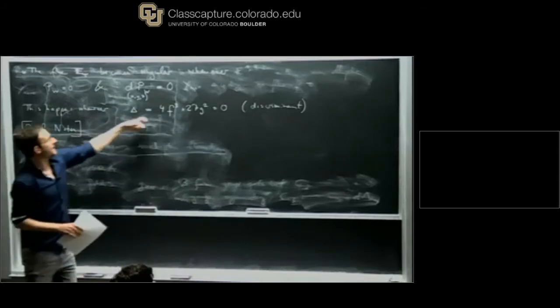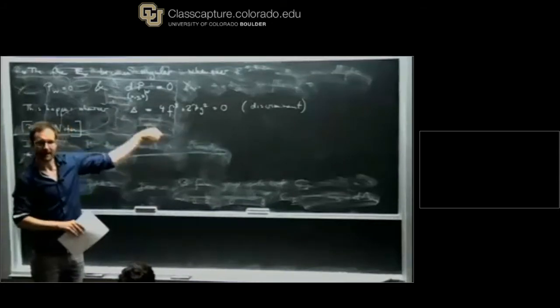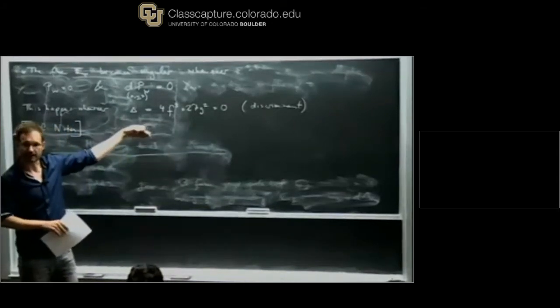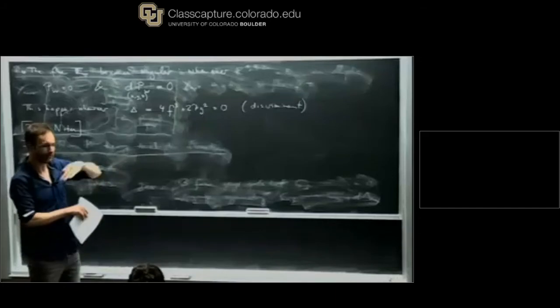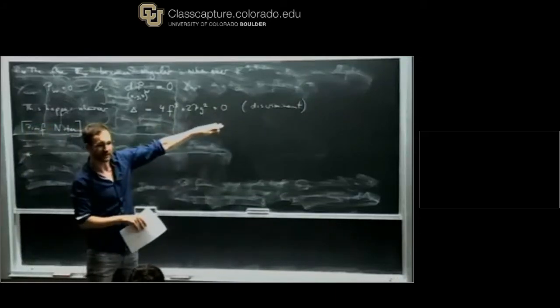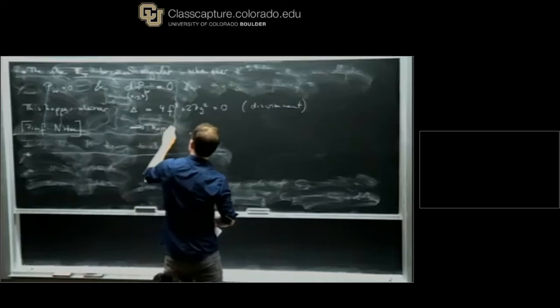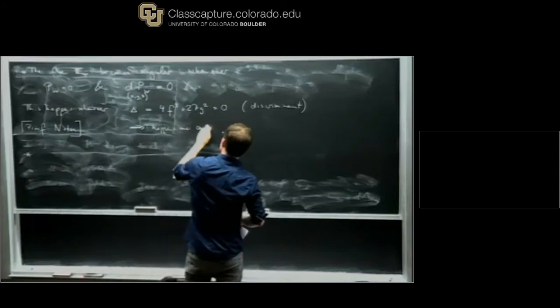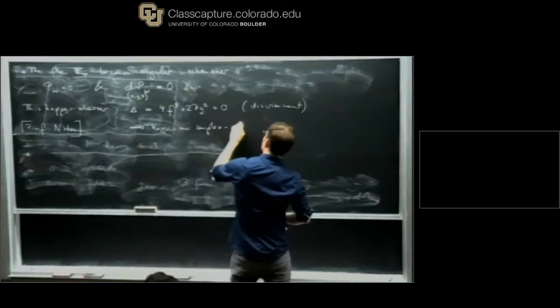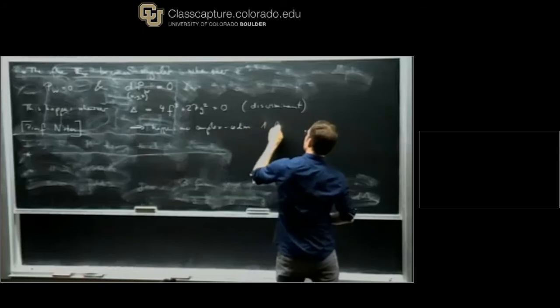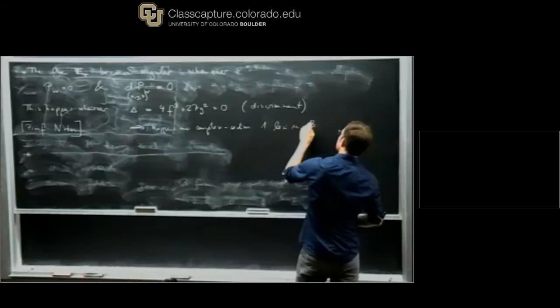So this is a condition which happens in complex codimension 1 on the base. So in complex codimension 1, there will be points where this condition is satisfied. This happens over complex codimension 1 loci in the base Bn.